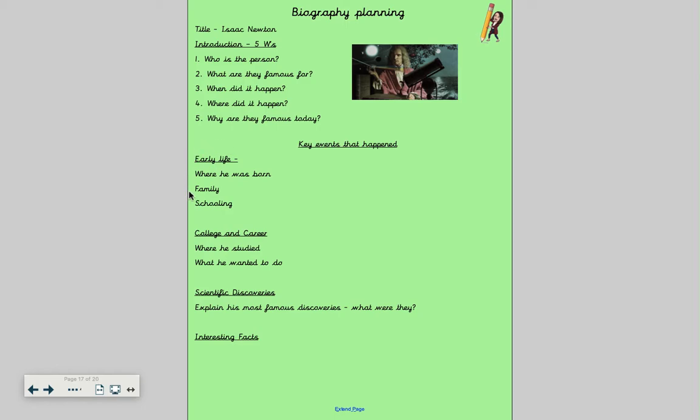So, the next ones you're going to move on to are these 4 paragraphs here. Now, these 4 headings are the names of our 4 short paragraphs that we're going to be writing our biography. So, I've put some prompts for you here to help you with what you should be including in the information for his early life.